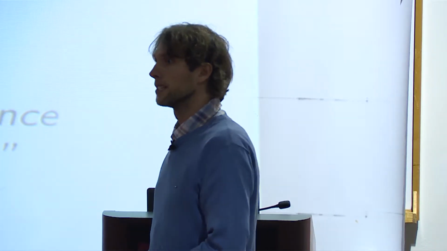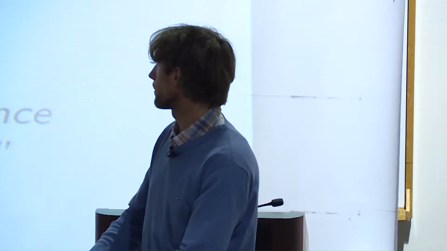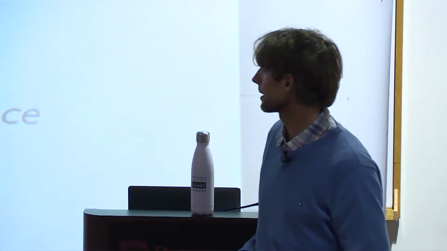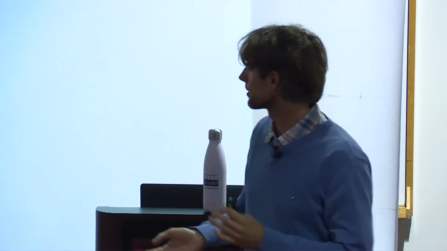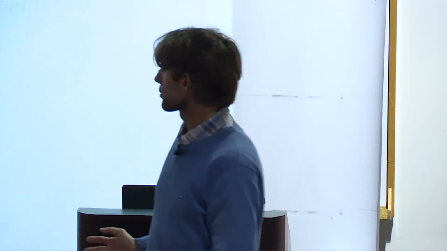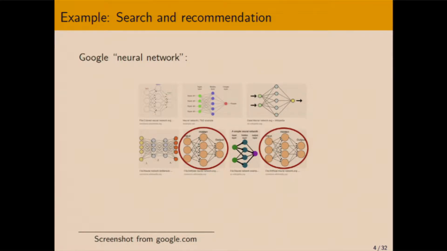But sometimes we care about having every single point add more information about our data. As an example of this, you can look at search and recommendation. For example, if we Google, let's say, image search for neural networks, we have a bunch of images.